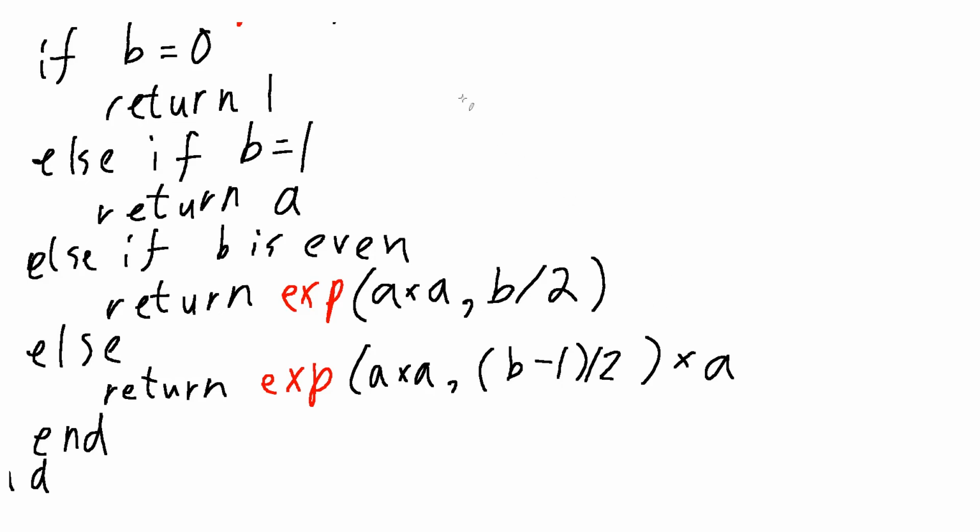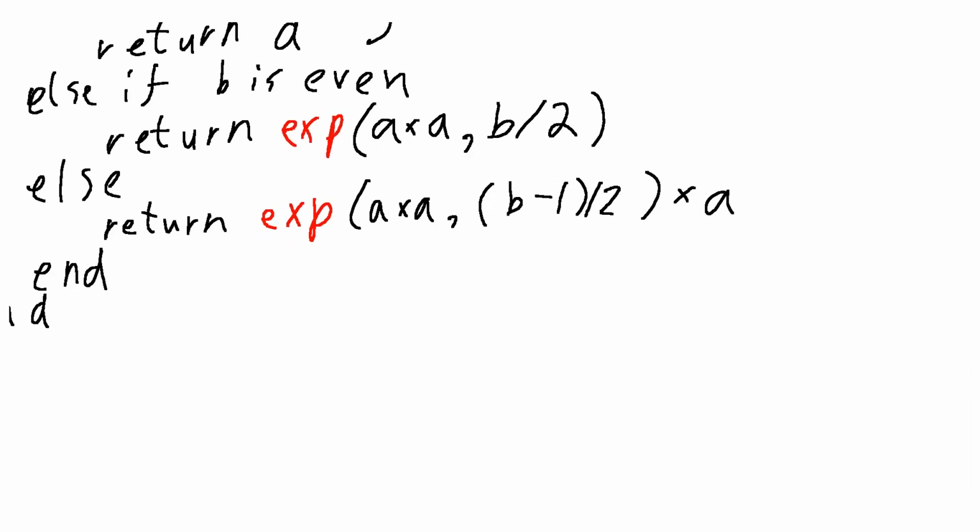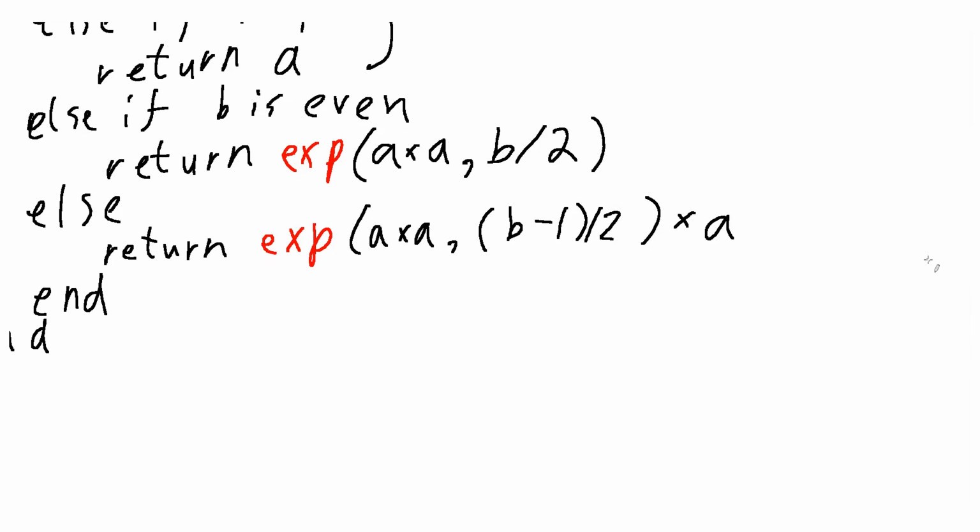In the cases of b equals 0 and b equals 1, this is just going to be constant, so we just check if it's 0 or 1, and if it is, we just return this without calculating anything. But we want to look at the worst case of the algorithm. We want to look at if it's even or odd.